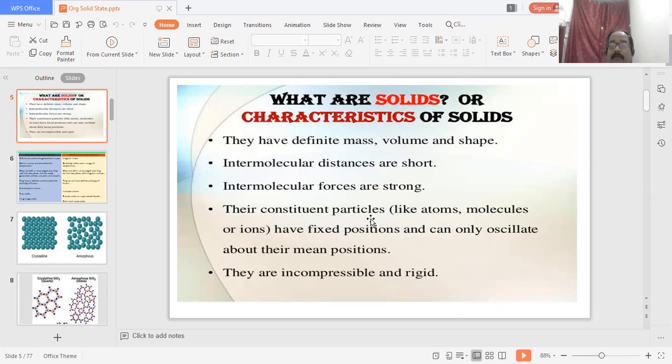When the particles are closely packed, they are incompressible and rigid. There are two types of solids, crystalline and non-crystalline, meaning amorphous.